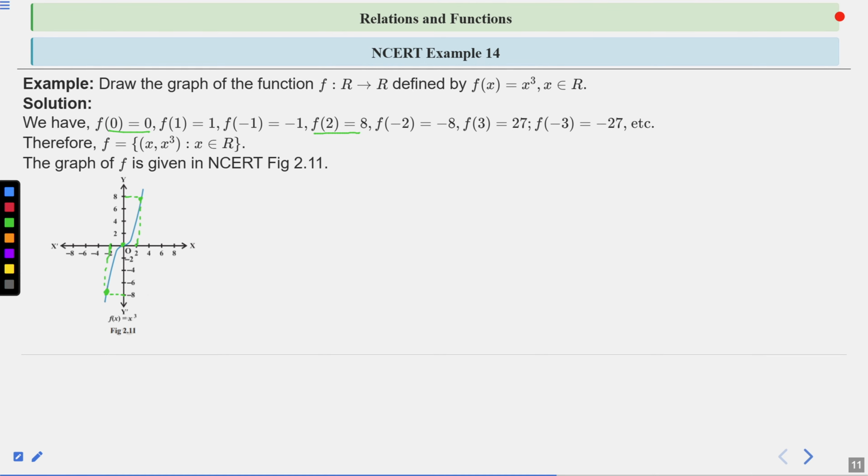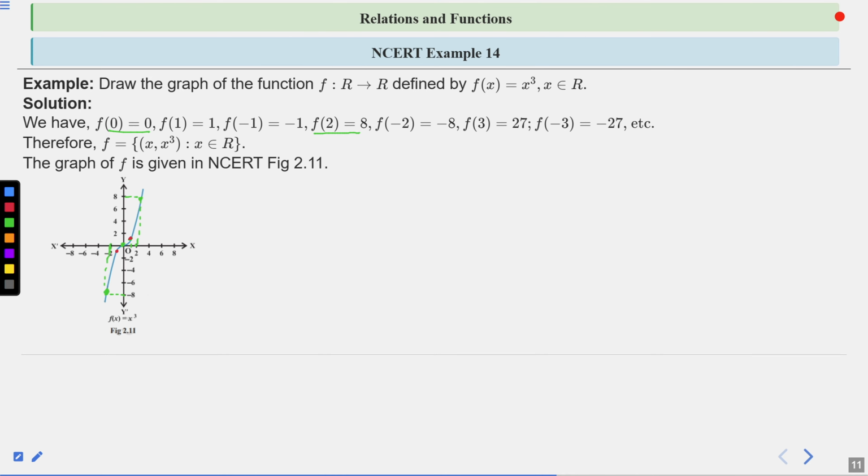If you put more points, the graph will be more accurate. Just assume that we have 1 comma 1 somewhere here and -1 comma -1 somewhere here. So my graph will look like this as shown here.